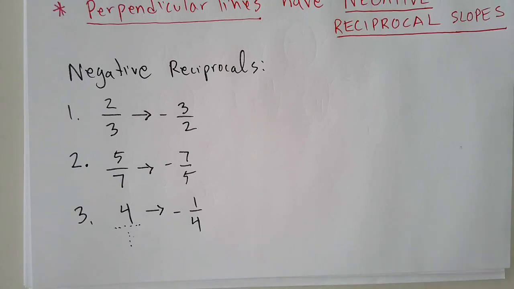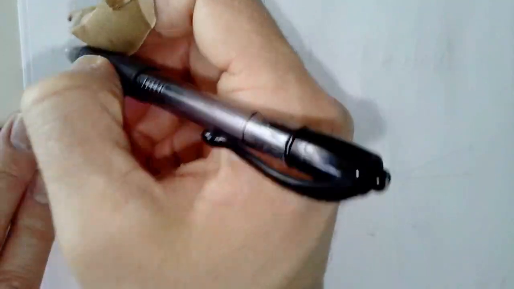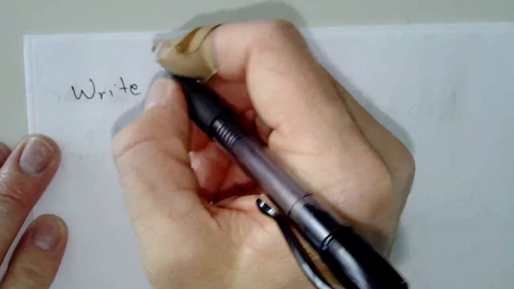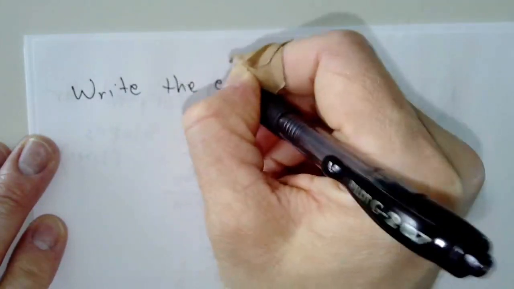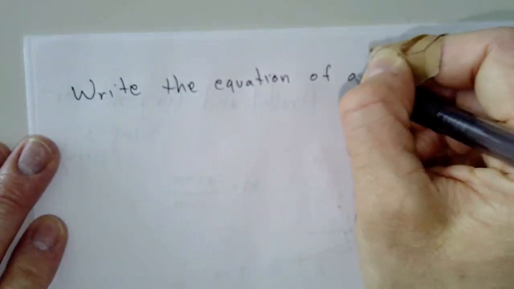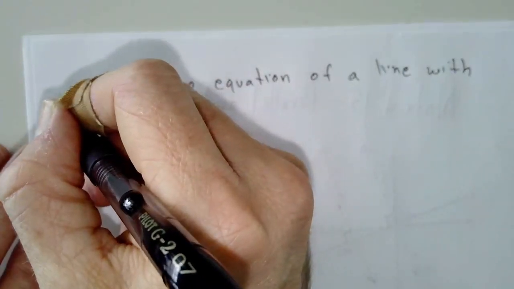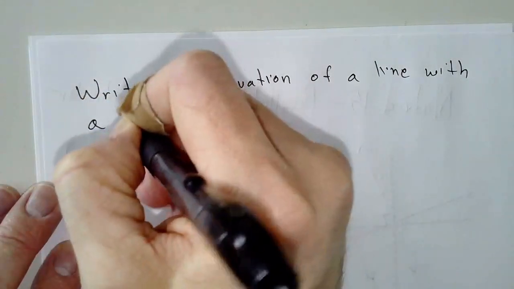All right, so something else you're going to have to do, I'm going to write this on the next page. Write the equation of a line with a parallel slope.